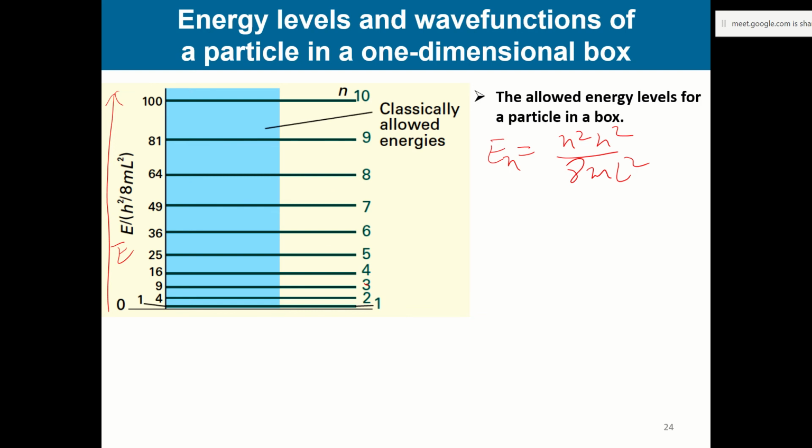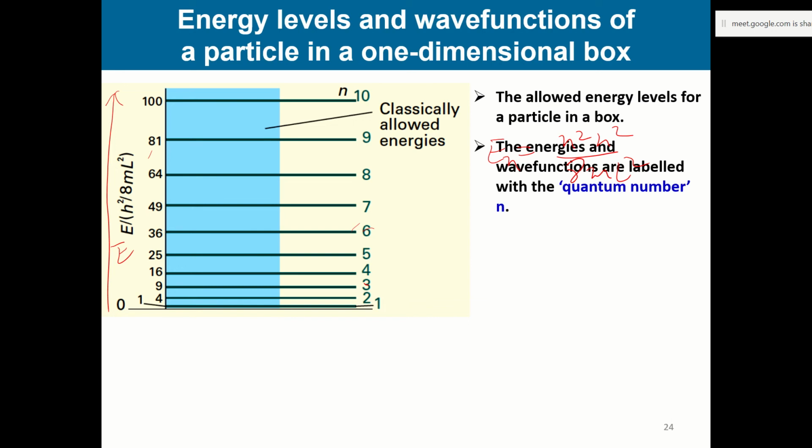So what you see is that as n increases, the gap between two consecutive energy levels is also increasing. So the gap is increasing. They are closer at the bottom, and as you move to the upper part of the energy level diagram, they are farther away from each other.